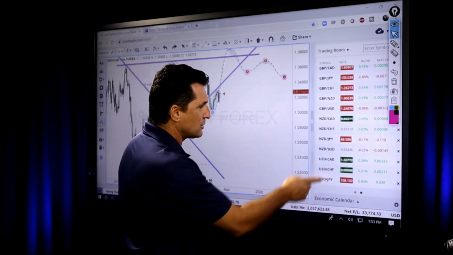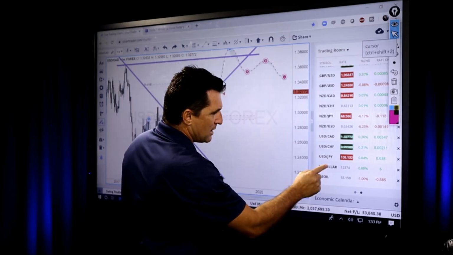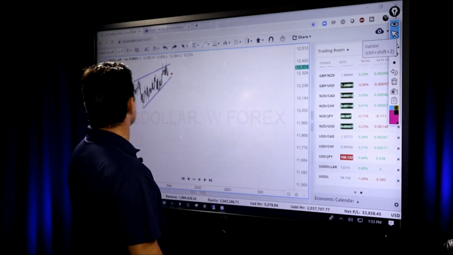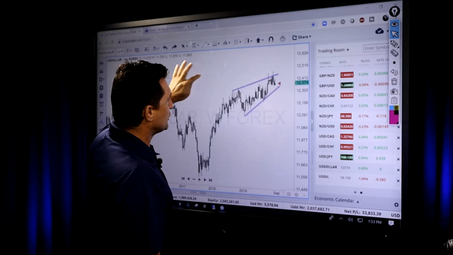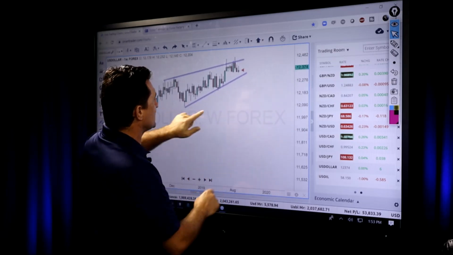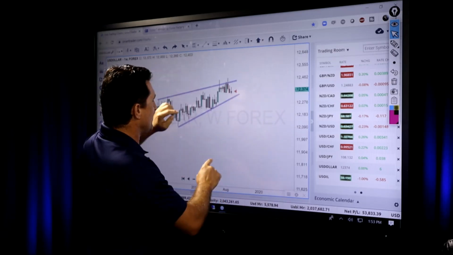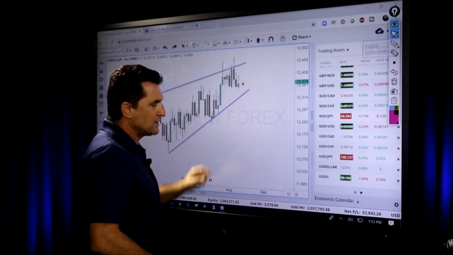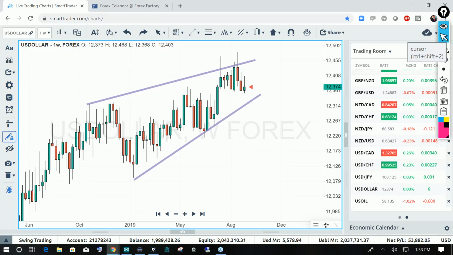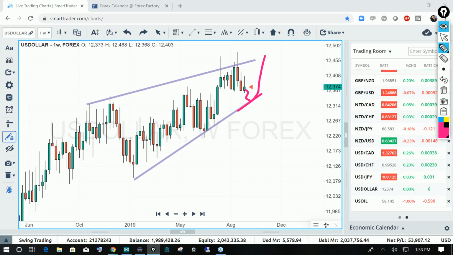But if we go back to the dollar index and look at the weekly chart, we can see that there it is again. Price is definitely looking to come back down to the support level right about here. And if we can hold at the support level, it's going to come back up to retest. Now, I do see these little tops right here, which indicates that maybe we've got some strong resistance here.